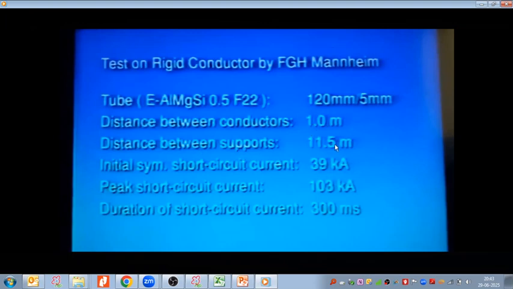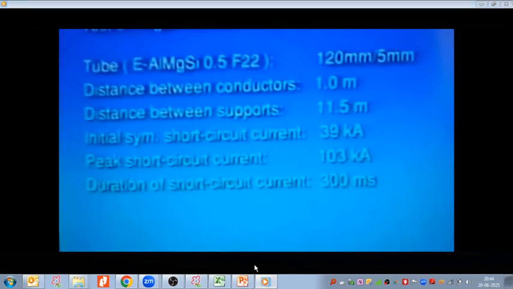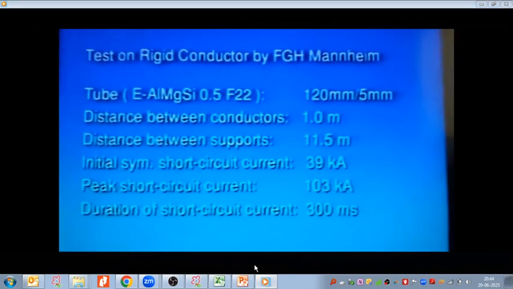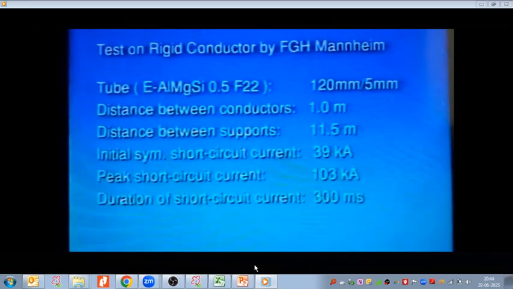Distance between supports is 11.5 meter. Initial symmetrical short circuit current is 39 kiloampere, peak short circuit current is 103 kiloampere, and duration of short circuit is 300 millisecond.